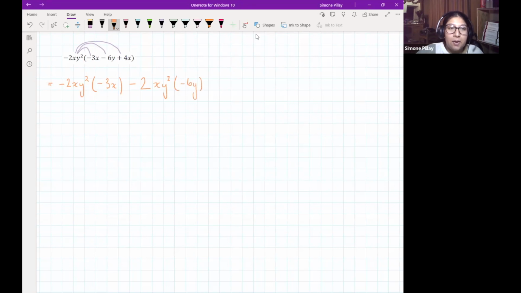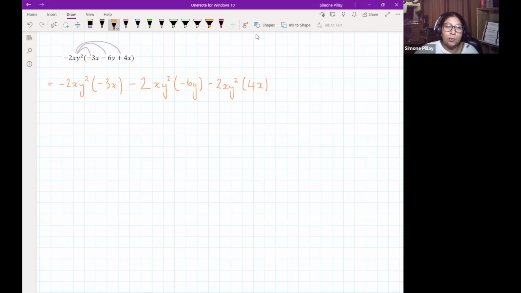Good job. Minus negative xy to the power of 2. And then we say bracketed positive 4x. Okay, Isandile, just stay there.